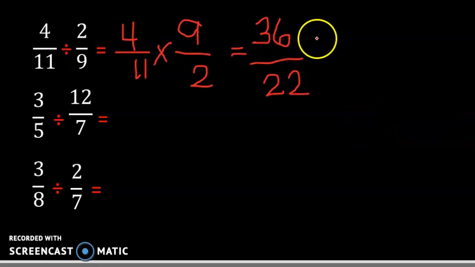So this is also an improper fraction because the numerator is bigger than the denominator. But we can find that these numbers are both divisible by 2. So 36 divided by 2 to reduce to the lowest term, and 22 divided by 2.